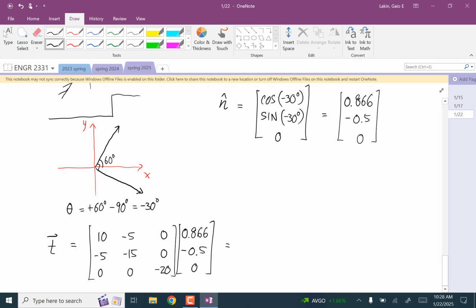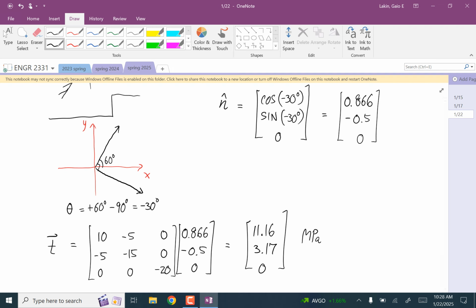Plug that into your calculator and you get 11.16, 3.170. This was all in megapascals, so this is in megapascals.